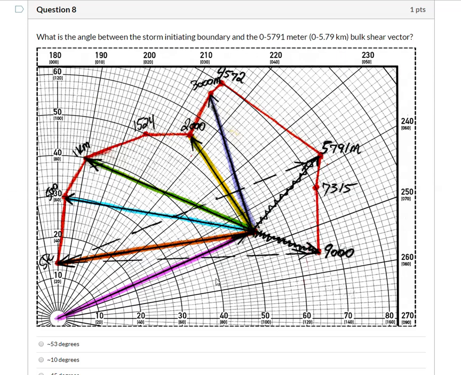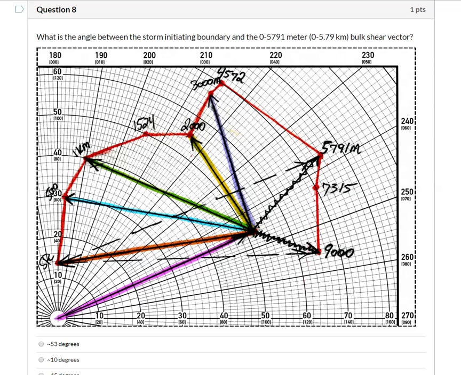Okay, so on the hodograph then, since we've assumed a 190 degree angle on the hodograph, let's look at the 5791 then. What angle would this line right here be to 190 degrees? And just measure that angle that is swept out right in through there, okay?